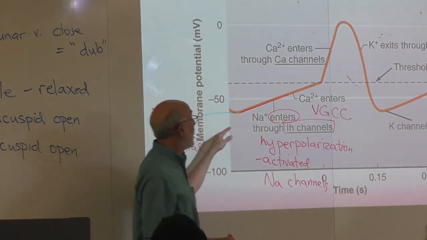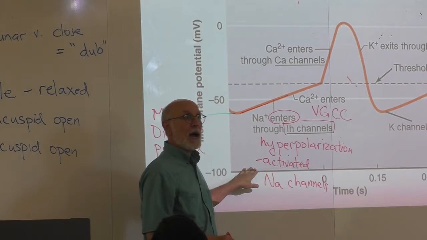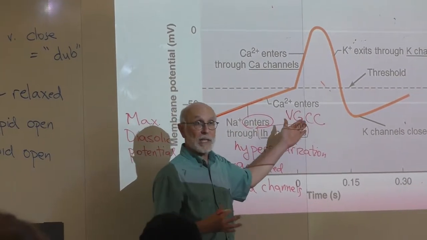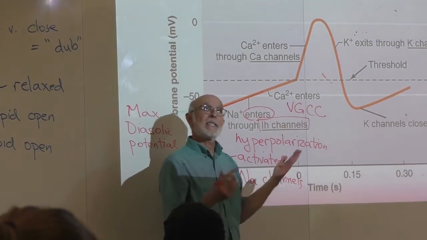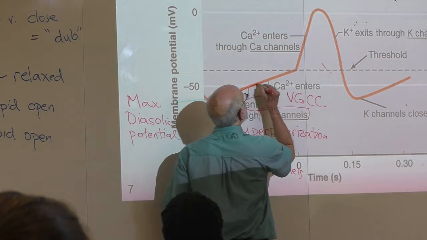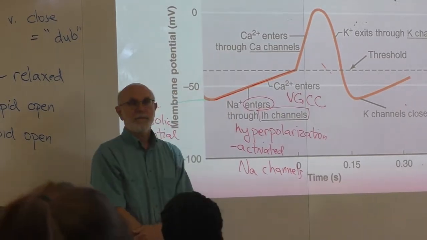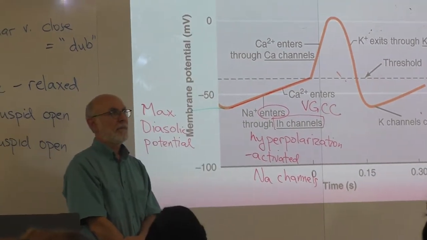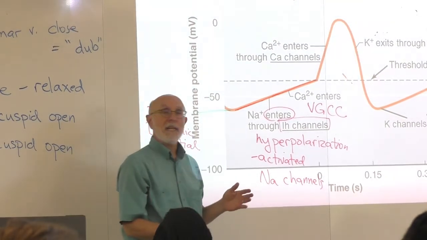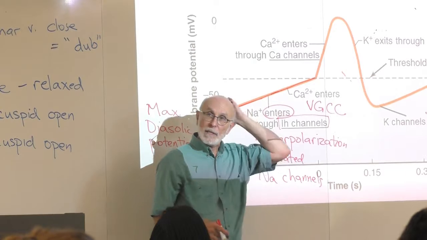So the depolarization that was caused by IH now opens voltage-gated, depolarization-gated calcium channels. Which way does calcium flow? Calcium flows in. That contributes to this slow depolarization. Okay? That's the slow depolarization phase.